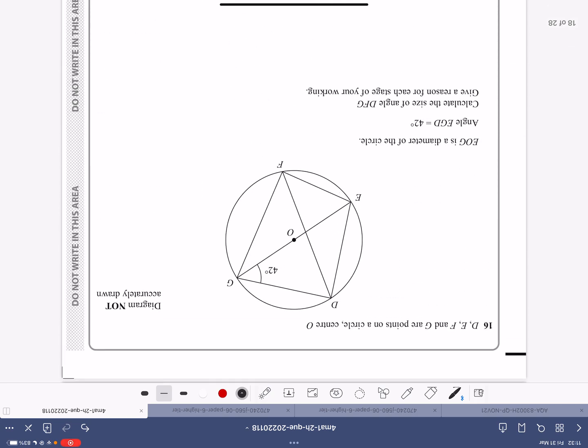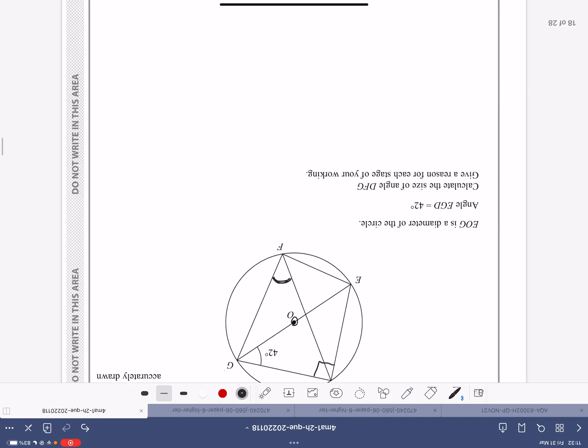Right, D, E, F, G are points on a circle, centre O, there, that's 42. E to O to G is a diameter, because it's passing through the centre there. E to G to D is 42. Calculate the angle D to F to G. So this is the one that we need here. Okay. Right, so we can say the angle at D is a right angle.